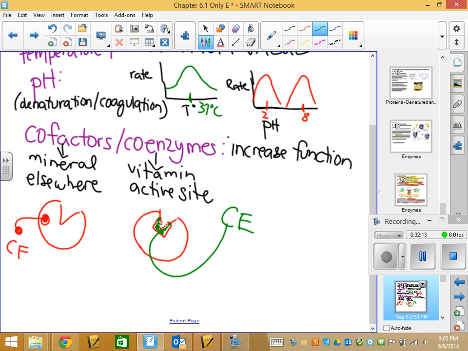So it's still filling a spot in the enzyme, but this time it's making the active site the shape that it's supposed to be. So in this case, I didn't have a triangle-shaped active site. There was like a square hole underneath it. The coenzyme came in, filled in that space. Now my active site will actually work.